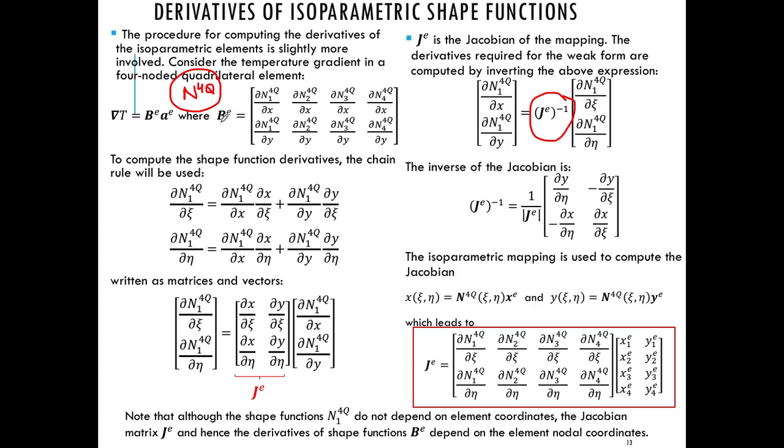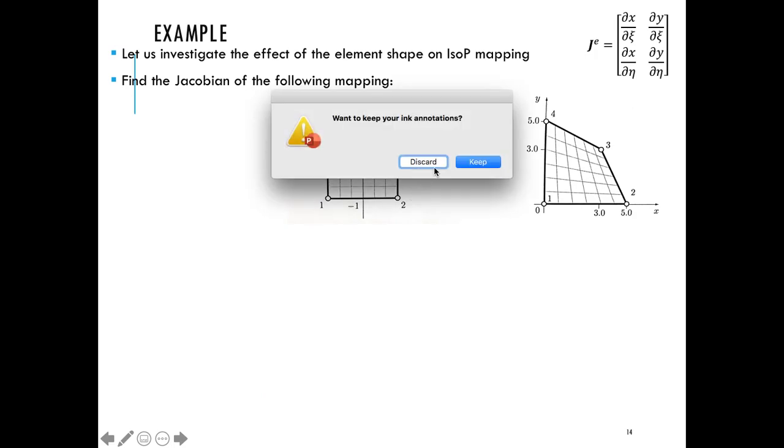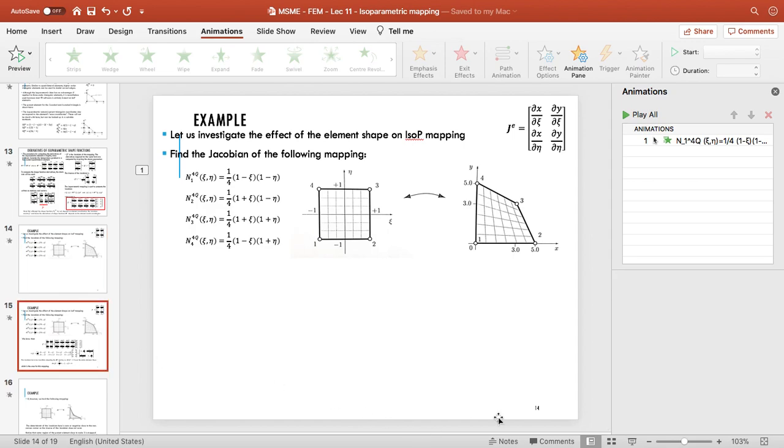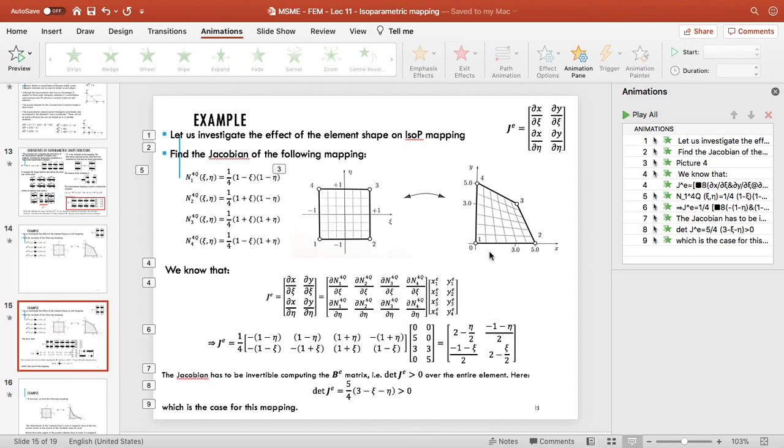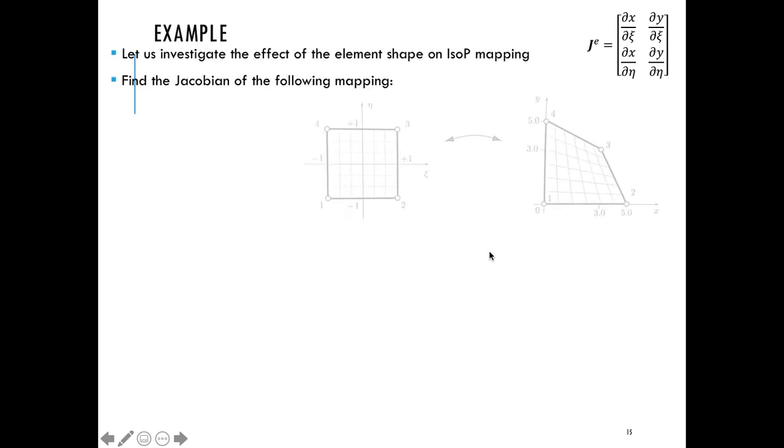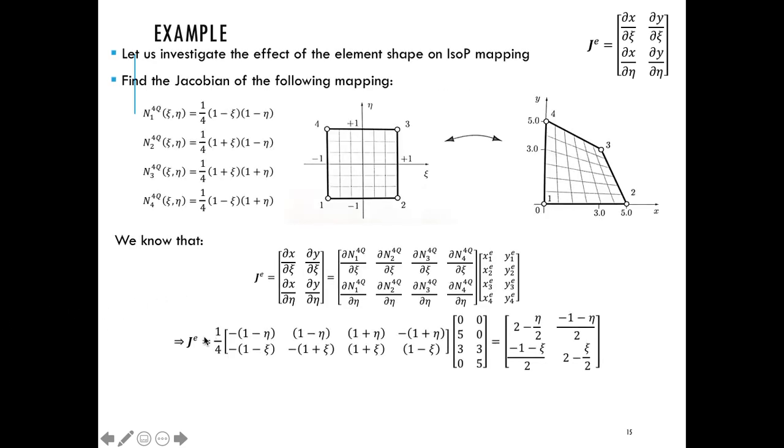That is, to find the B matrix, I need to find the inverse of my Jacobian. This is exactly why we found this Jacobian, because what I want to see is whether the inverse of the Jacobian actually exists, so that we can find our B matrix or not.